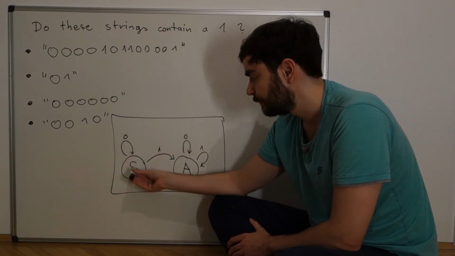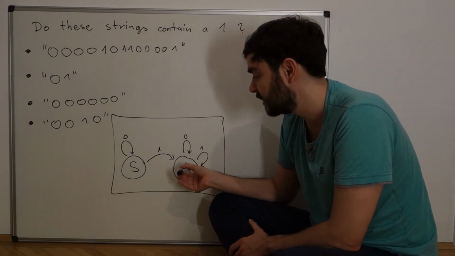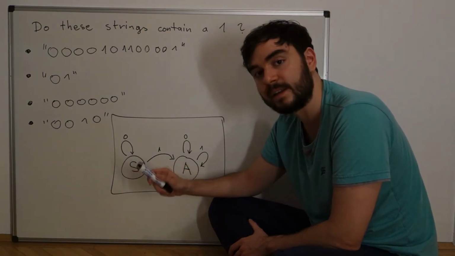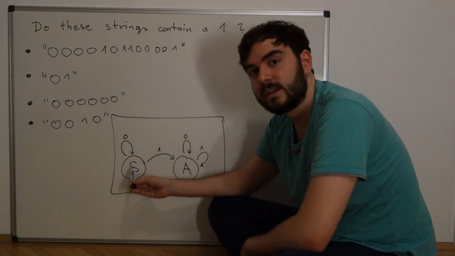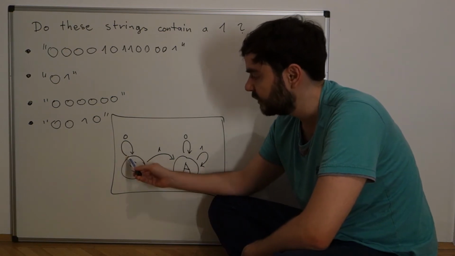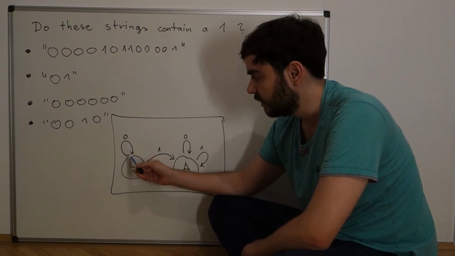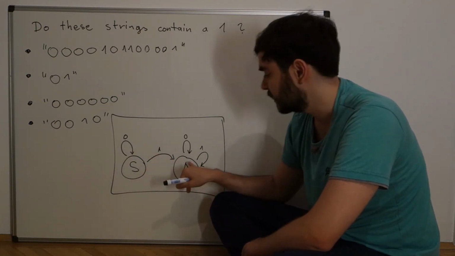That's the acceptance state. If I end up in this state, it's basically a yes. I go through the symbols in the string and follow the rules indicated here. If I see a 0, I go along this arrow. If I see a 1, I go along this arrow, and the same here.